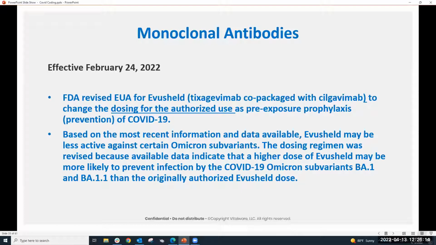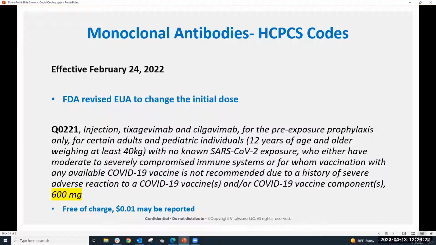So they increased the dosage to 600 milligrams so that this drug could be used against the Omicron variant. So we have a new code for this, the QO221, and you'll see that it has been updated to 600 milligrams here.